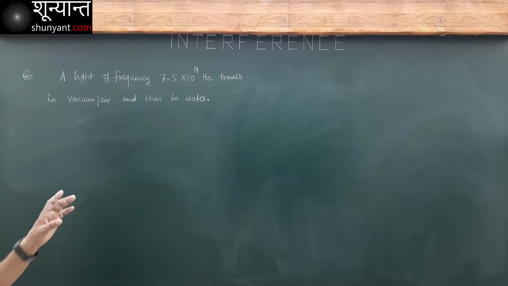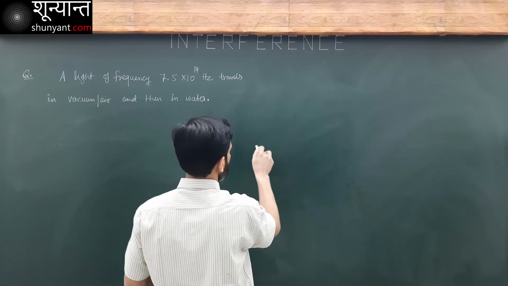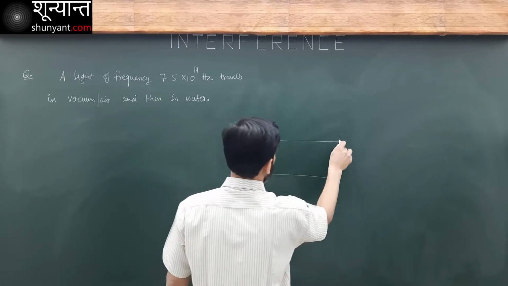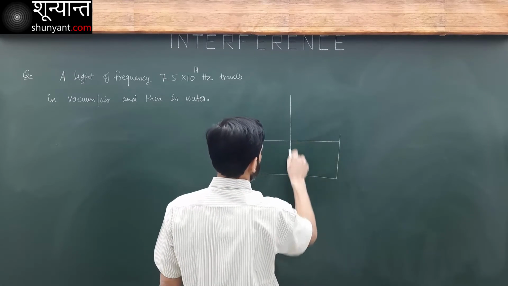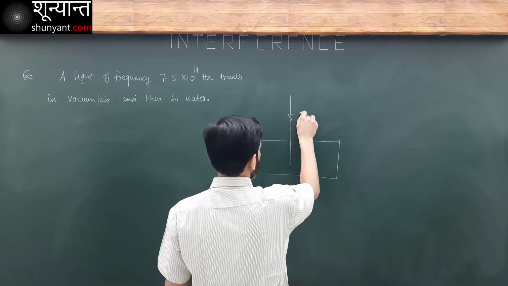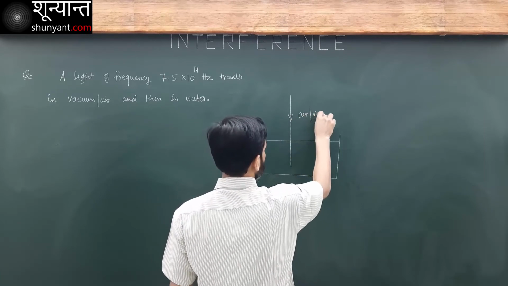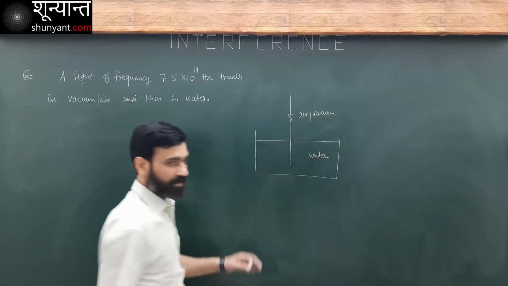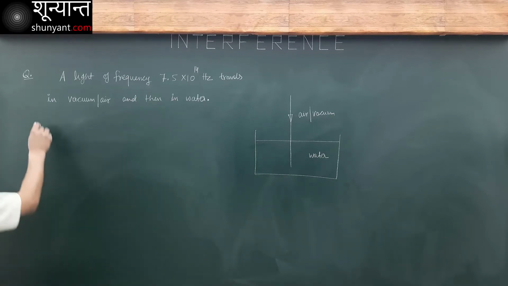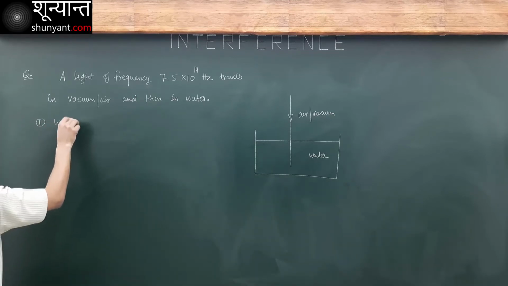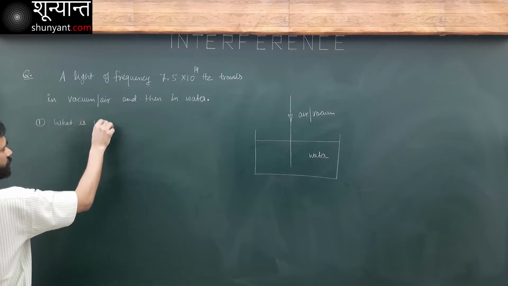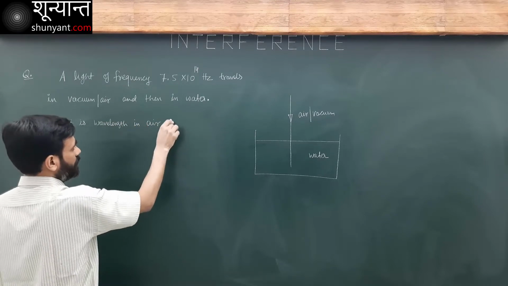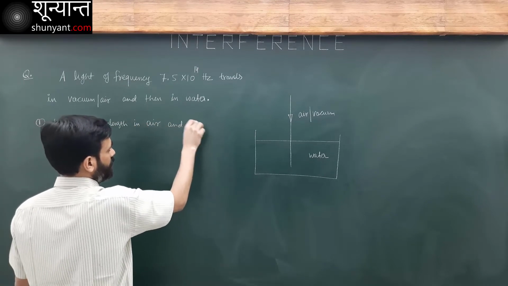So I have a light ray, let's say this is my light ray. It is traveling in air or vacuum, and then it enters into water. The first question: what is the wavelength in air and in water?